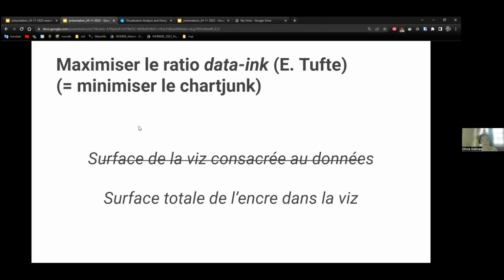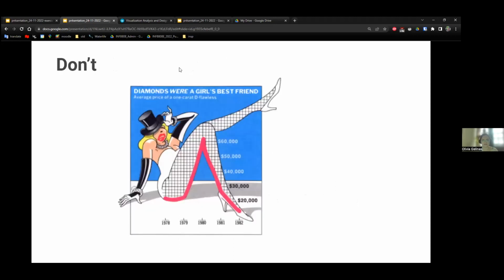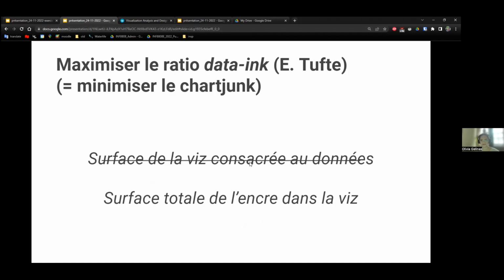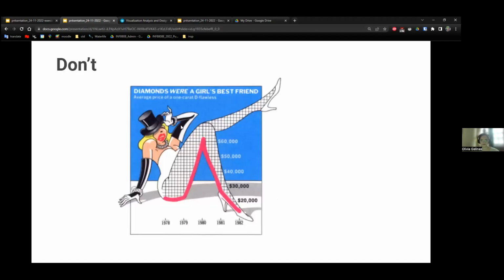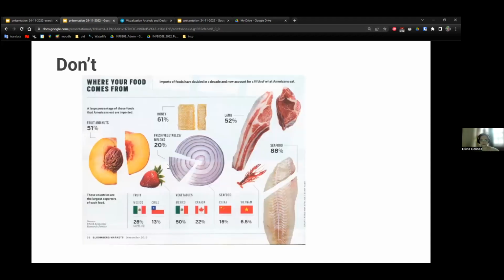You have certain examples of this that are going to make everything concrete. So here's an example of chart junk. Here you have a trend, but in terms of data ratio, it's not a good ratio because most of the ink is for a drawing, not the actual data.